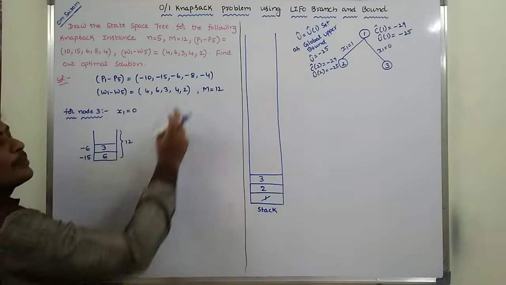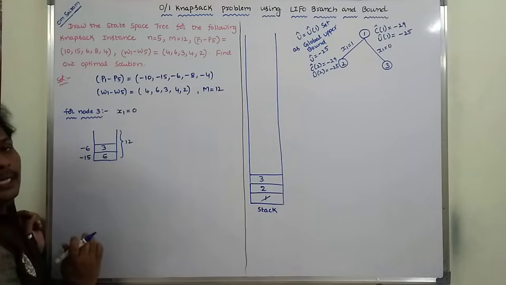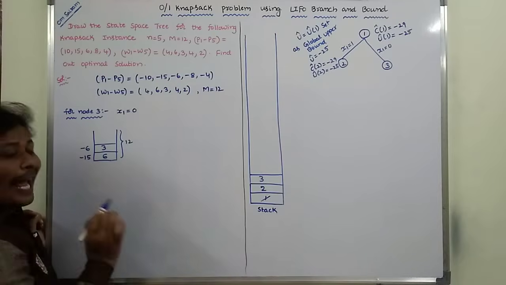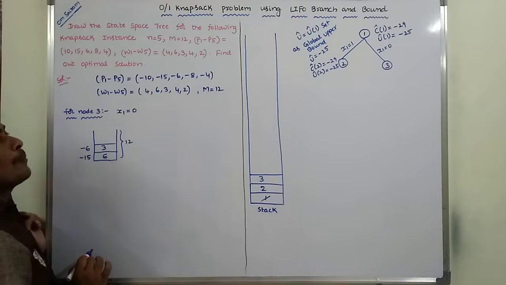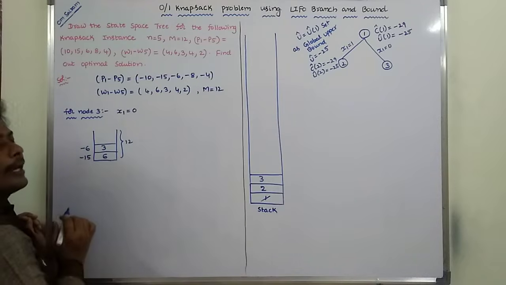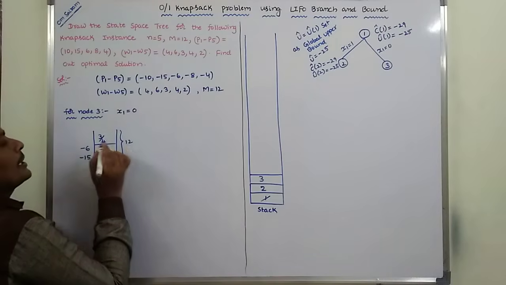But the fourth object weight is 4, and the remaining capacity is 3. So the complete fourth object is not placed. A fraction of the fourth object is placed into the knapsack. The fraction can be calculated. So remember, the remaining capacity is 3, and the weight of the fourth object is 4.